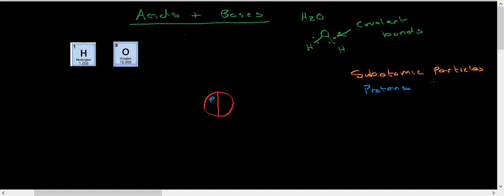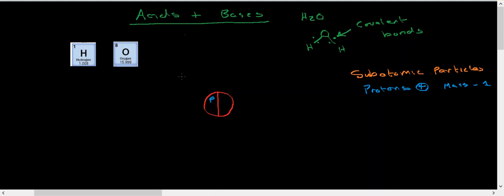Remember, some of the characteristics: they carry a positive charge, so we'll represent that with a plus, and they have a mass of 1. So these are protons and they are contained within the nucleus of the atom. Remember, this circle that we're drawing here is the nucleus of the atom.